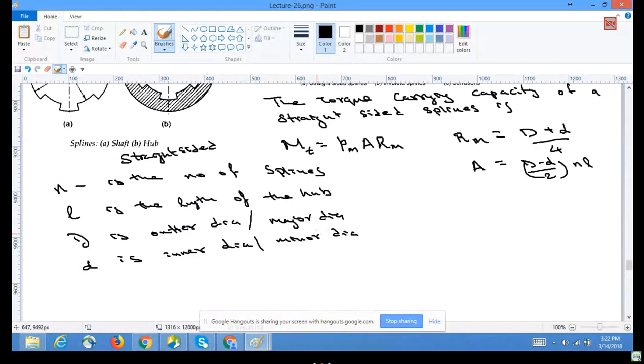So for this, we will do a small example to see how we can design a standard spline connection. Let us work on this example.